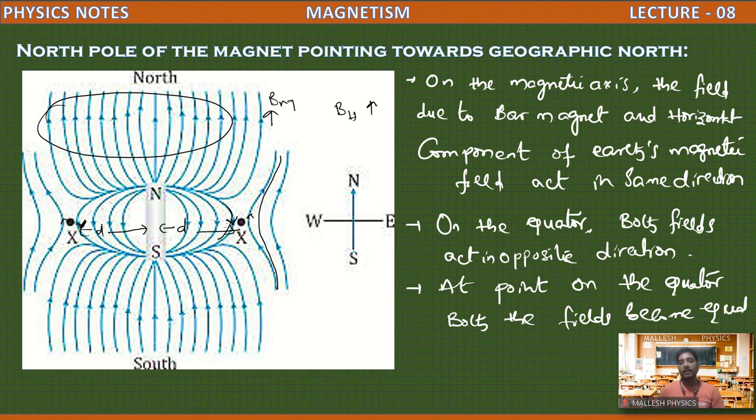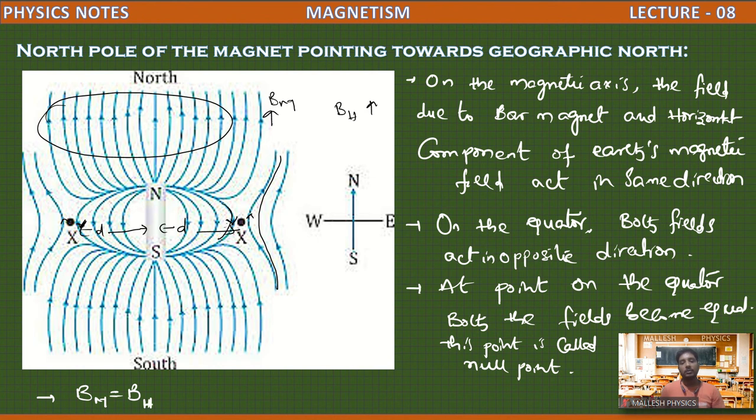That point is called the null point. So at that point, the magnetic field due to the bar magnet is equal to the magnetic field due to Earth's horizontal component.